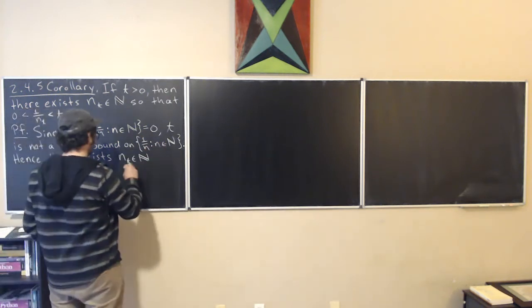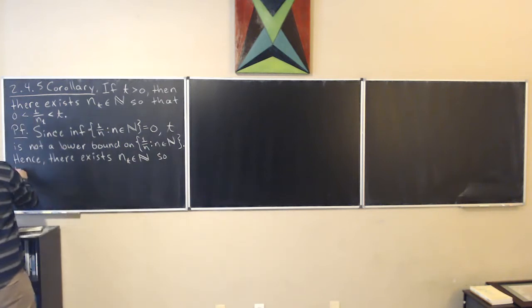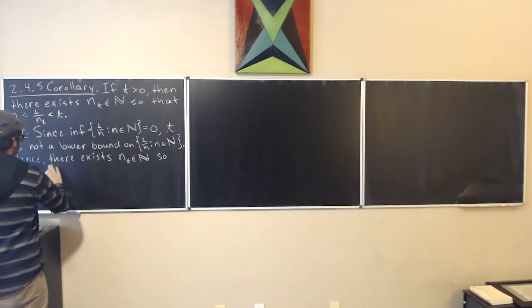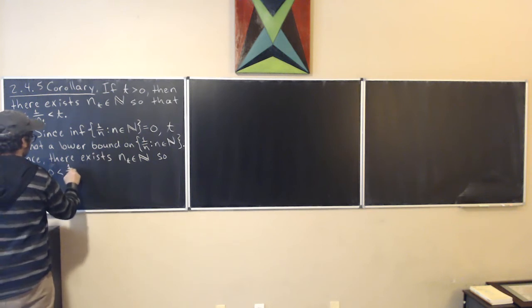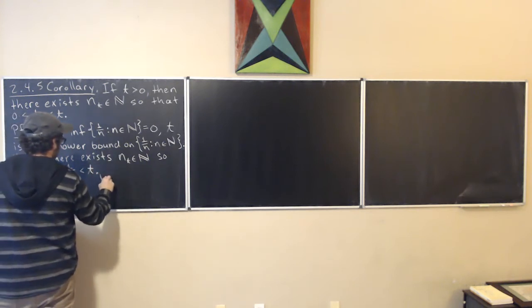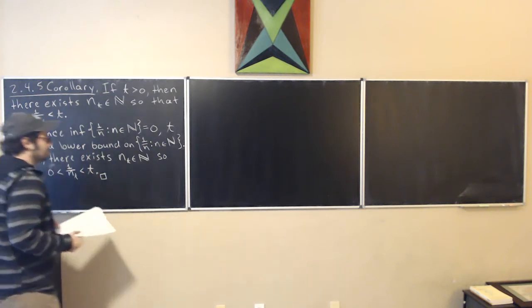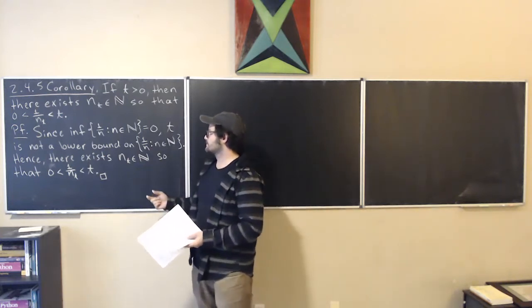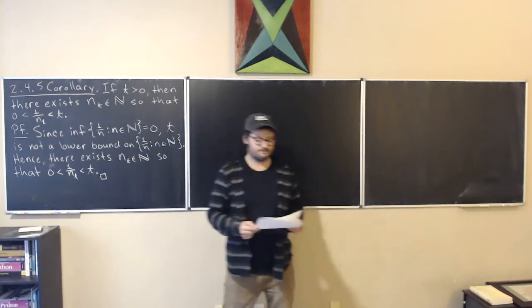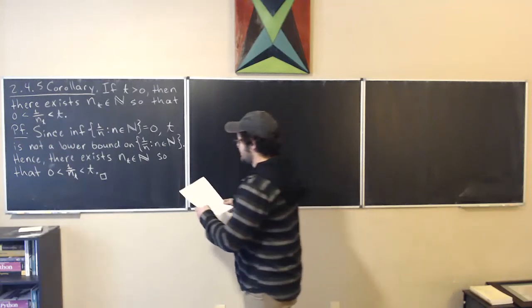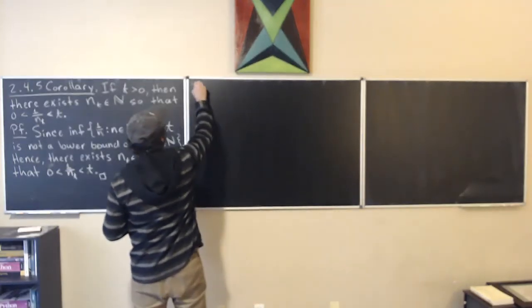So there is a natural number so that 0, which is the infimum, is strictly less than 1 over N of T, which is less than T. As you can see, that's just a straightforward application of the previous corollary together with the definition of the infimum of a set. Okay, so next, let's look at this corollary.